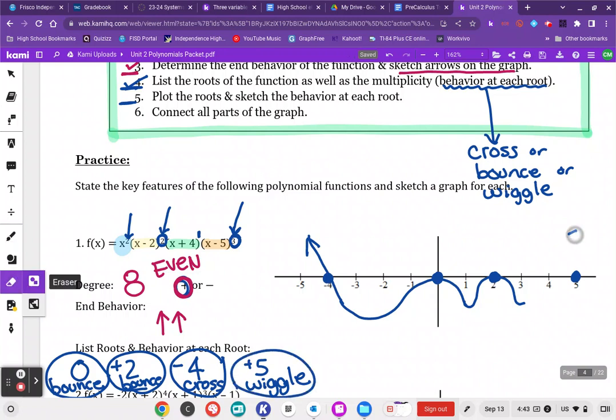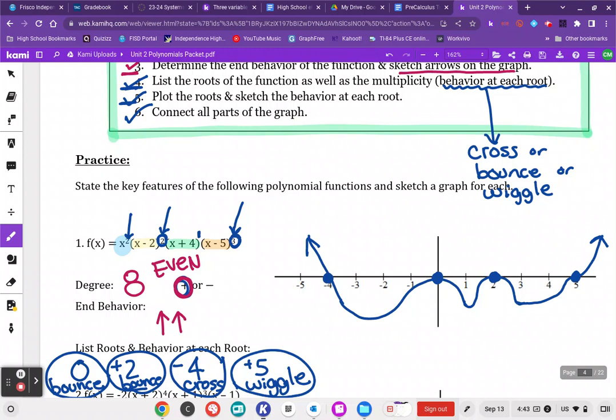So knowing I have to end up going up in the positive direction, that means this is going to have to wiggle through this point sort of this way. Okay, there we go. All done. I've connected all parts of my graph after I plotted all my roots. There's my cute little lumpy, curvy polynomial function.